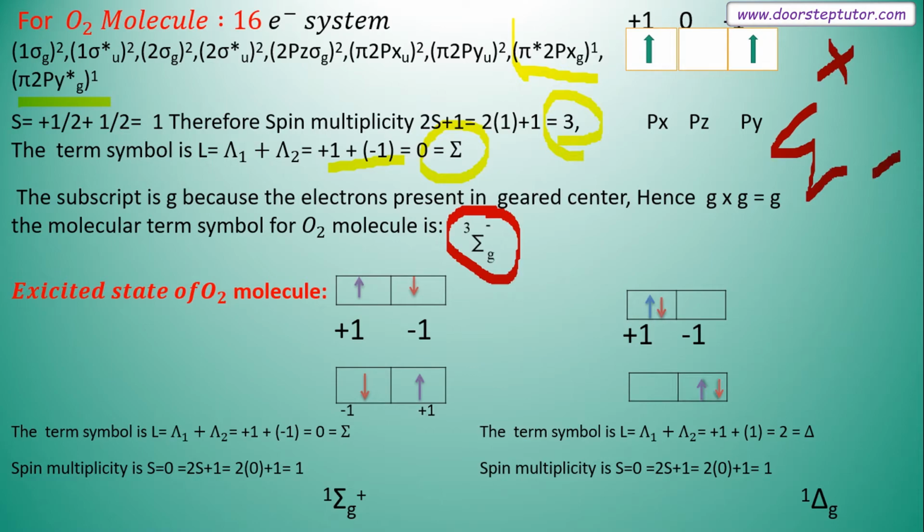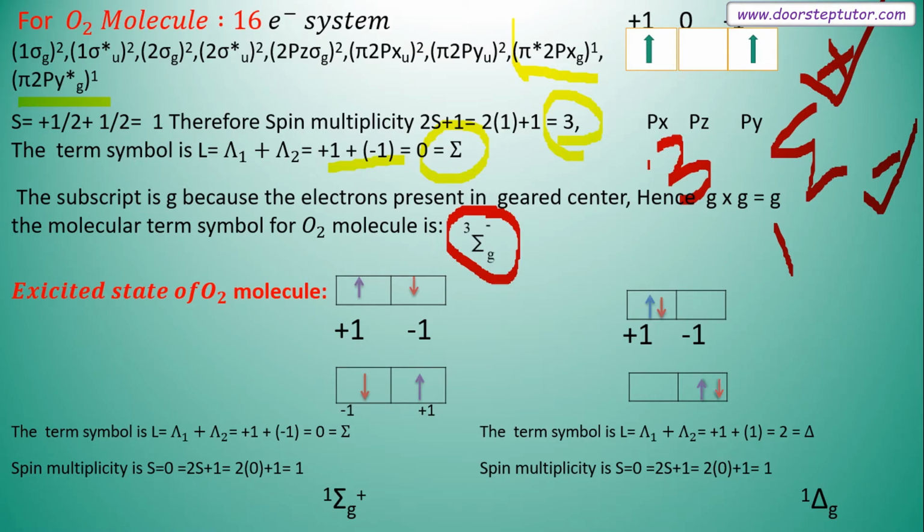But when do we assign plus and when do we assign minus? If the spin multiplicity value is 3, we assign negative as the superscript. If the spin multiplicity value is 1, we assign positive as the superscript. This is a very important point, students, so please follow this concept.